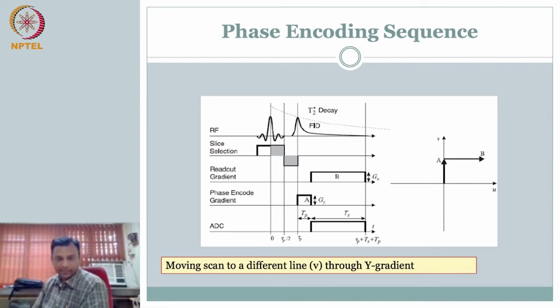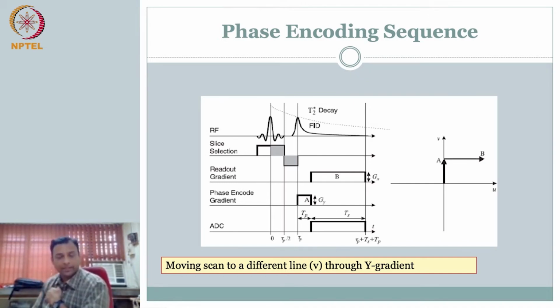Before the start of data acquisition, we did this before: we applied a gradient at the start of data acquisition. Instead, we are now just before the start, applying a phase Y gradient for a short duration. When I did this, each of the phases is different.